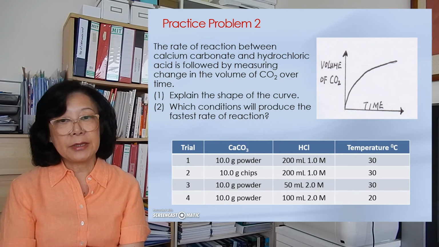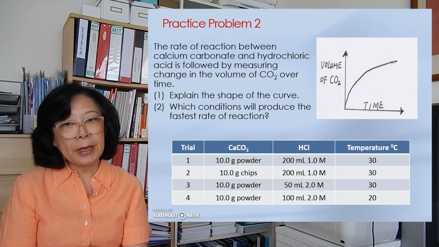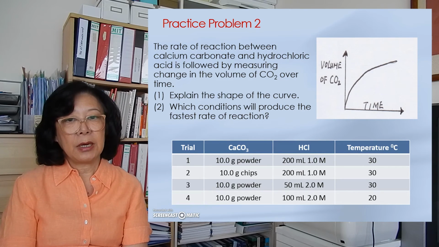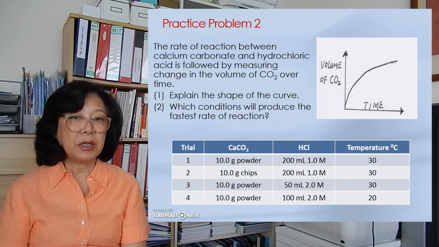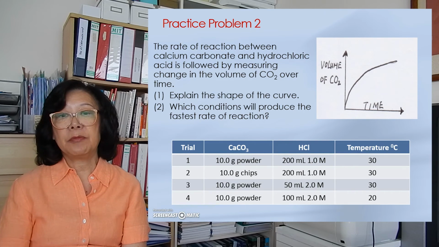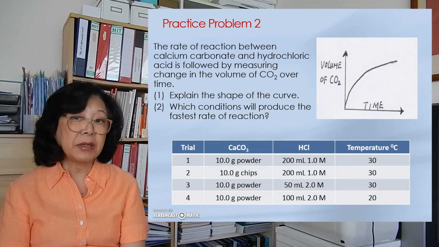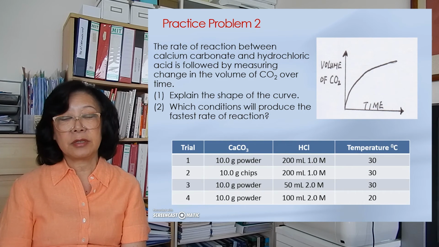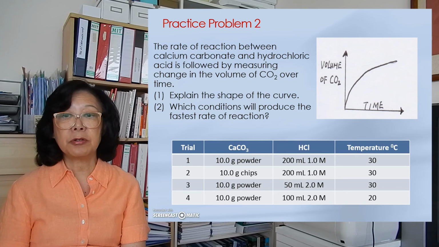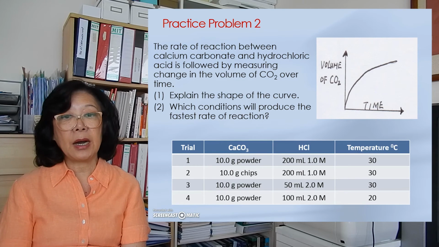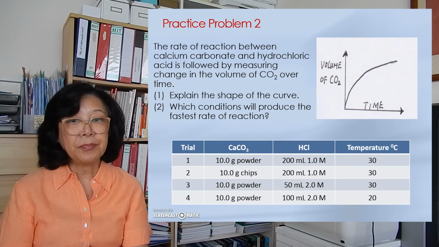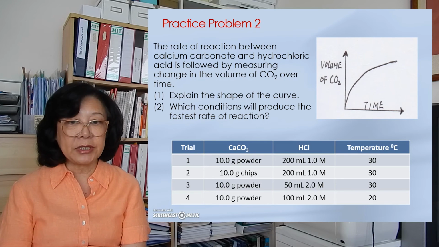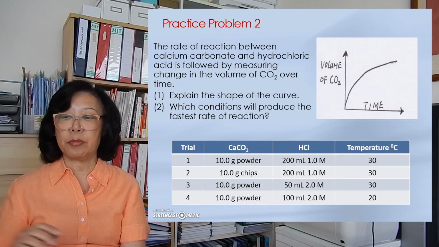Now, when we look at the data chart, we want to pick a trial that would have a lot of surface contact area, so that could be 1, 3, or 4, and we want it to have more molecules of HCl, so that could be narrowed down to trial 1 or 2, and that would have a higher temperature. So I would pick trial number 1 because it has powder form, it has a large number of moles of HCl, and it would have the highest temperature.